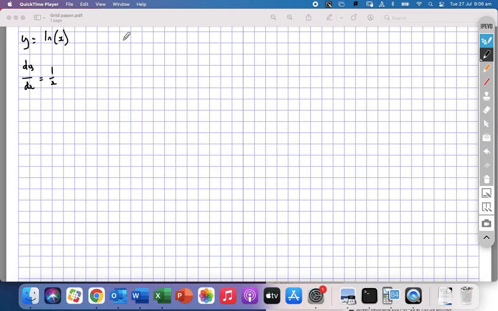Now, I just want to look at this in an intuitive way first. What I mean by that is, if we look at the graph of y equals log x, and we look at the graph of its derivative, you can see that they fit together really nicely.